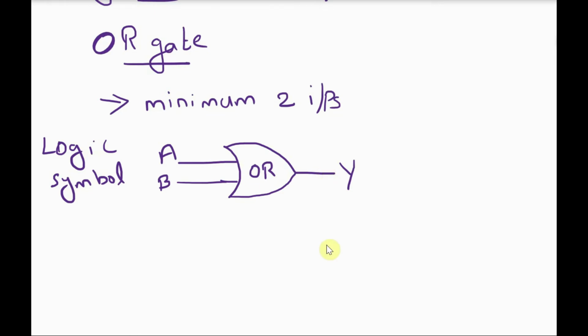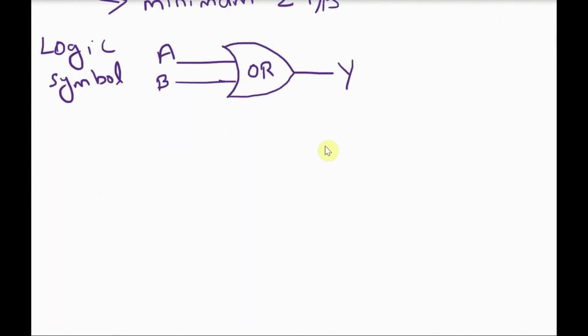Now, we will see the truth table. Again, the truth table shows the relationship between inputs and output. We will draw the truth table.